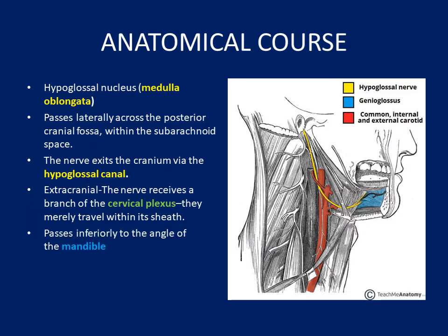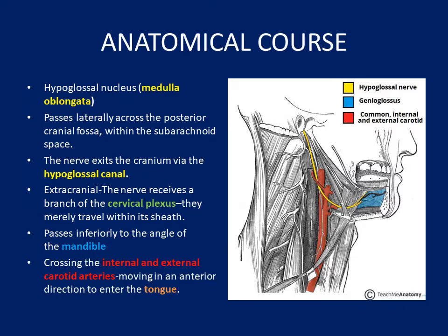Then the nerve passes inferiorly to the angle of the mandible and crosses the internal and external carotid arteries, moving in an anterior direction to enter the tongue.